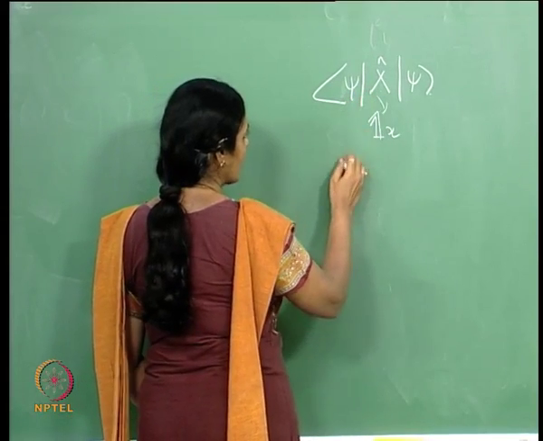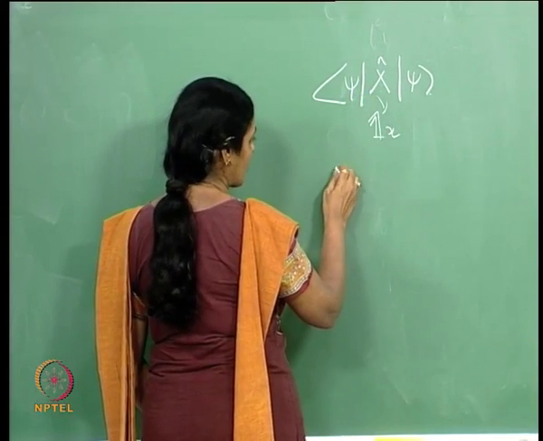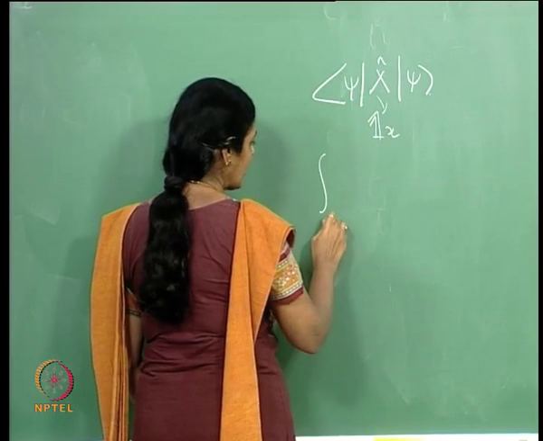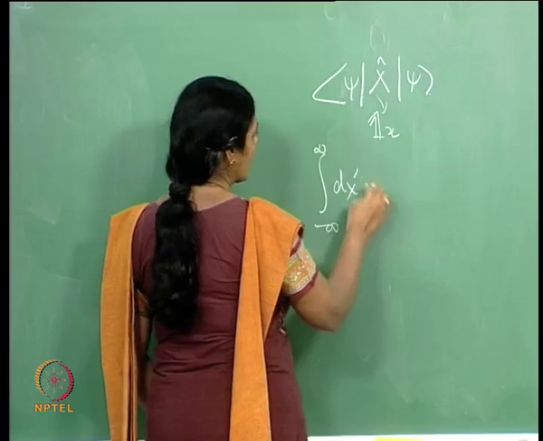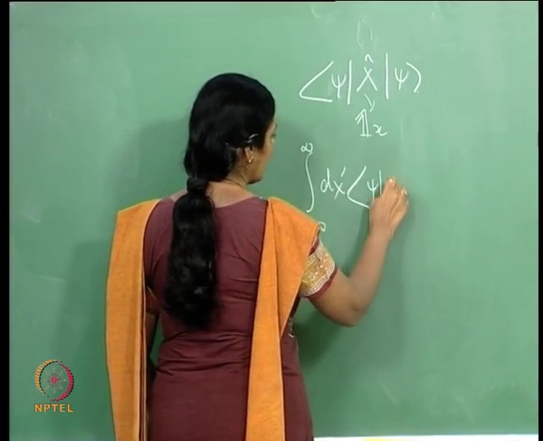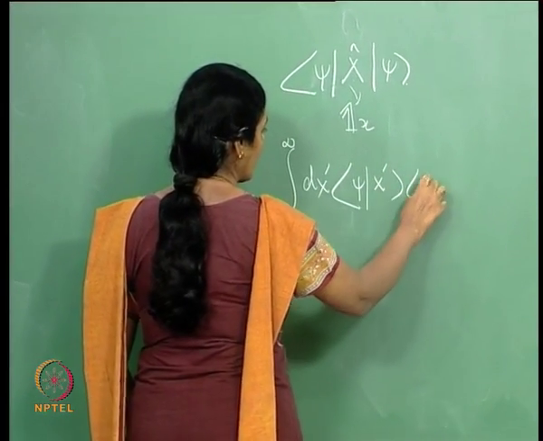This, as we said, was simply the identity operator apart from x, and in this object I can always introduce a complete set of states. So I can write it as integral dx prime, ket x prime bra x prime.